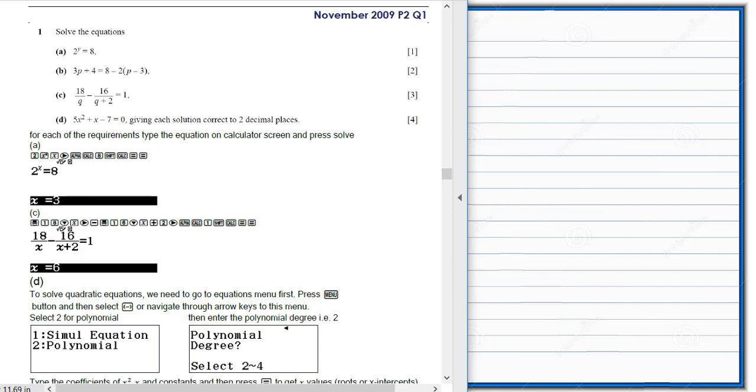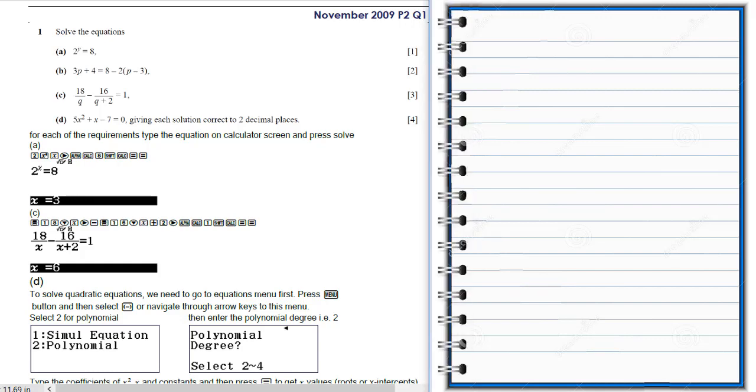So let's write this question: 5x squared plus x minus 7 is equal to 0. Here the coefficient of x squared is a, which is 5, the coefficient of x is b, which is 1, and the constant term is c, which is minus 7.